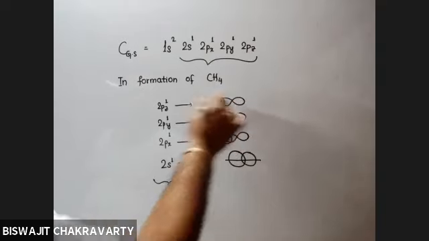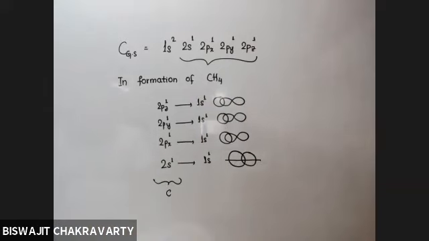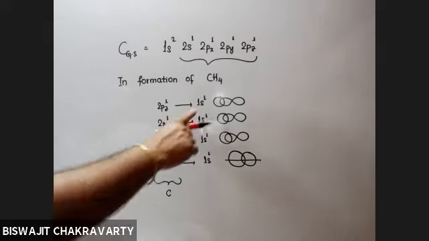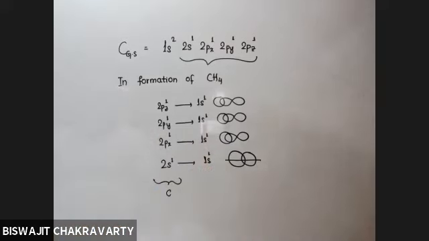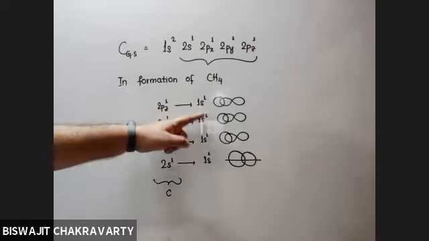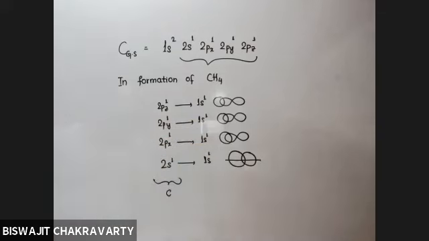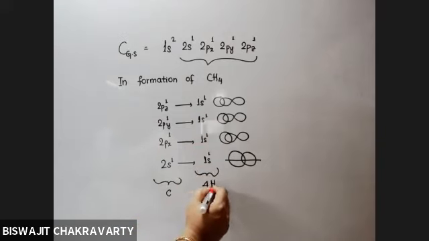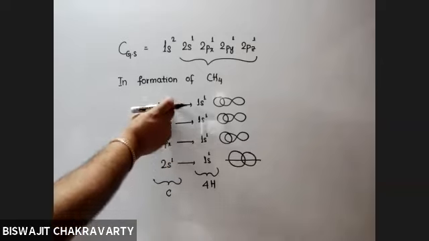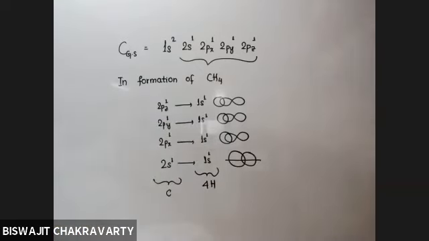Are you getting my point? Yes, sir. Whose atomic orbitals are these? 1s1, 1s1, 1s1, 1s1. Hydrogen. How many hydrogen atoms are there? 4. And whose electronic configuration is this? Carbon.